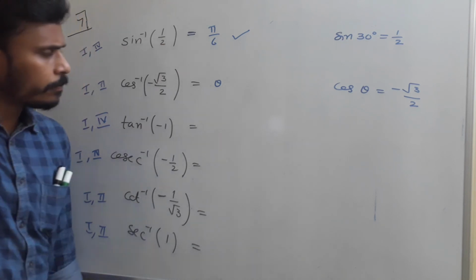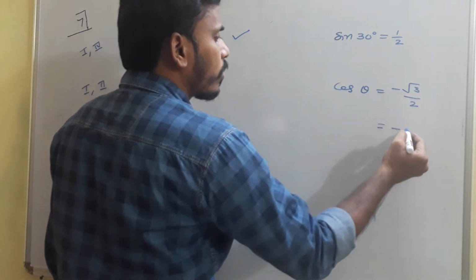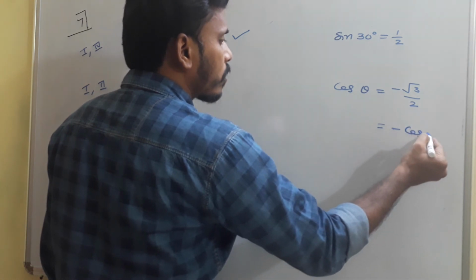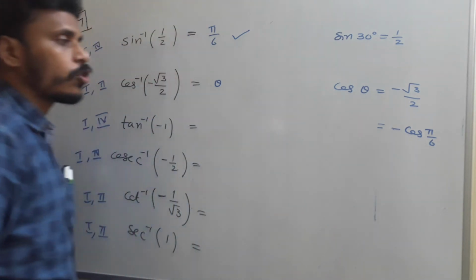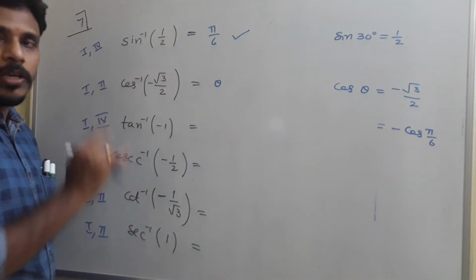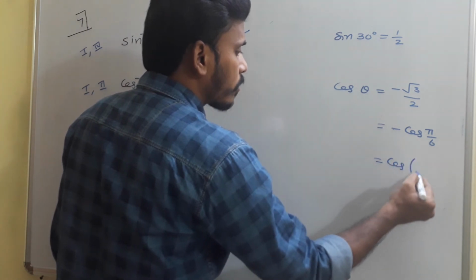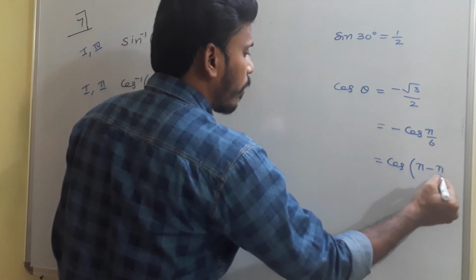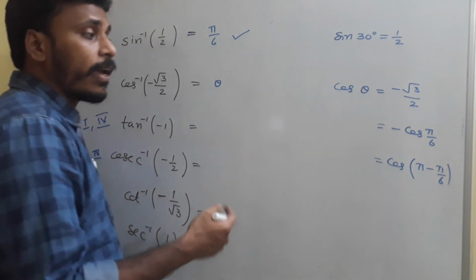So what is the angle? Minus root 3 by 2 is related to cos 30 degrees, that is pi by 6. Cos 30 degrees is root 3 by 2, so we need minus cos 30 degrees. This can be rewritten as cos of pi minus pi by 6, since cos of 180 minus theta is minus cos theta.